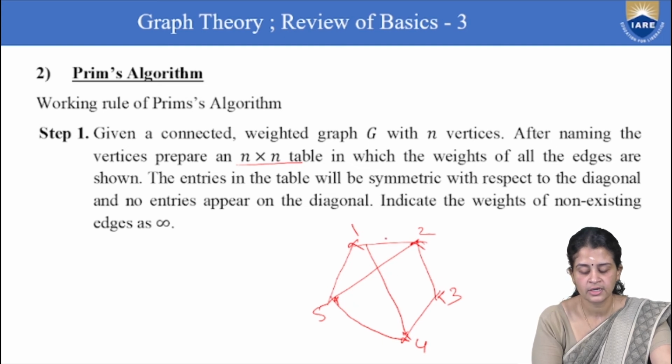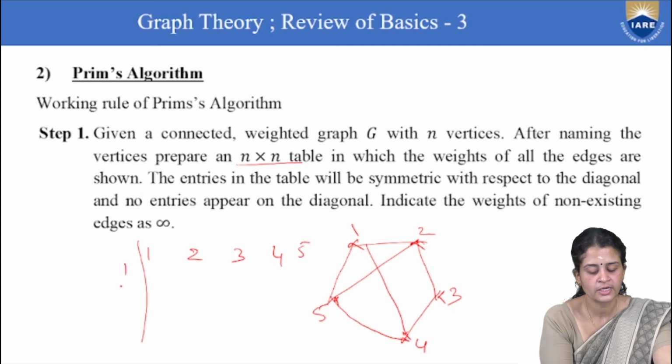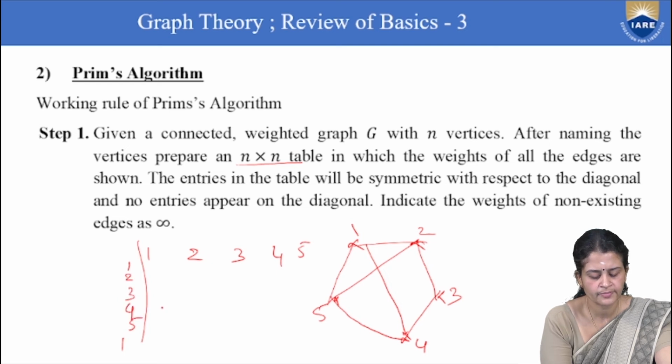And if we are given these edge weights, we have to enter them between 1 and 5. Rows 1, 2, 3, 4, 5, and here also columns 1, 2, 3, 4, 5.